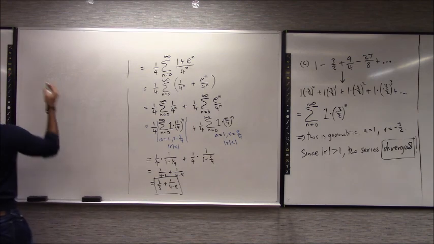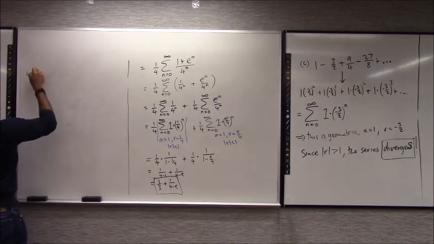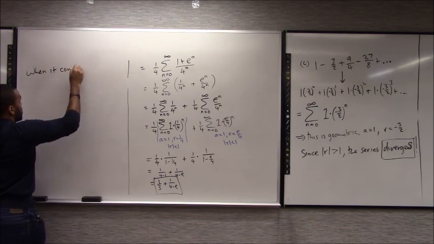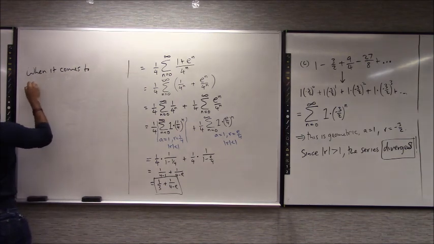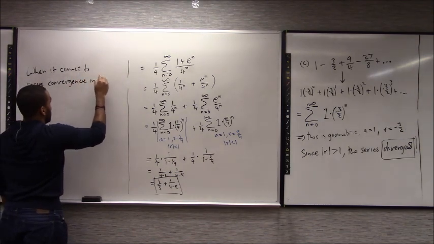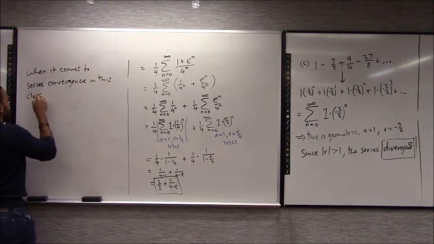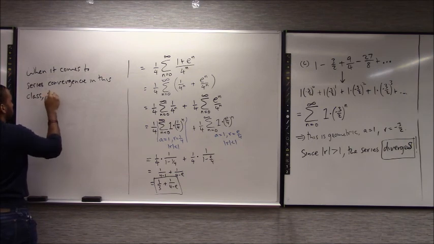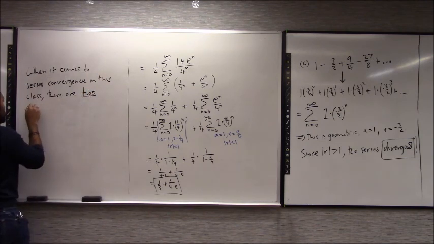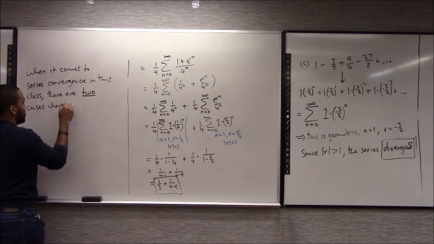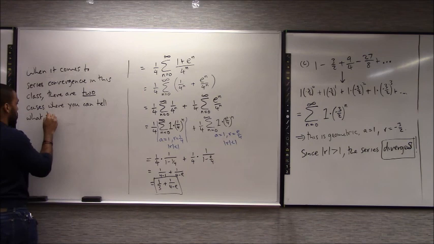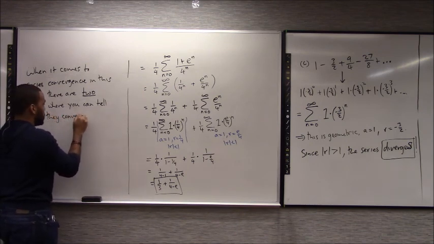And to be fair, I mentioned this last time, but let's actually write it down so we know for sure. When it comes to series convergence in this class, there are 2 cases where you can tell what they converge to.